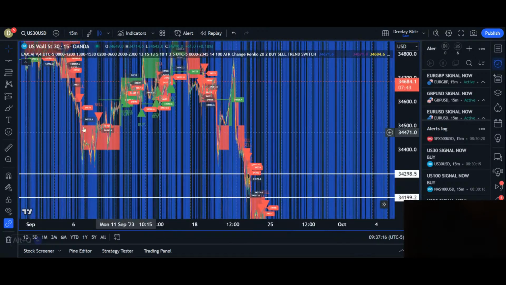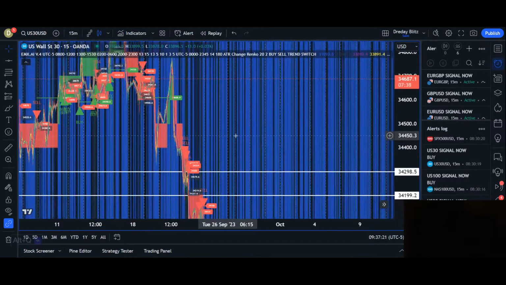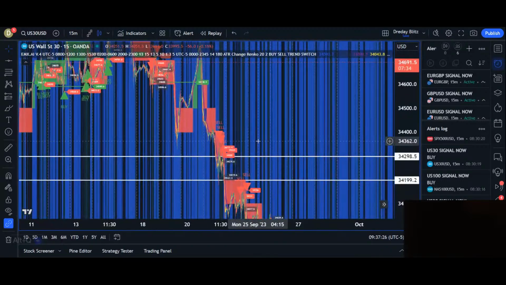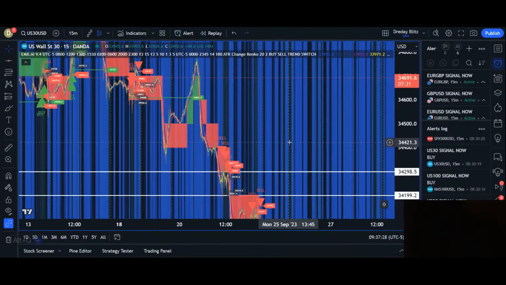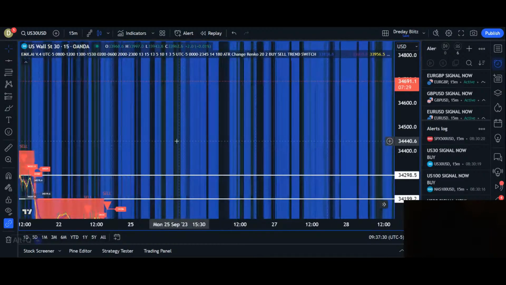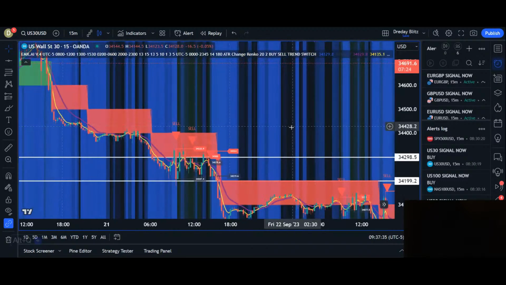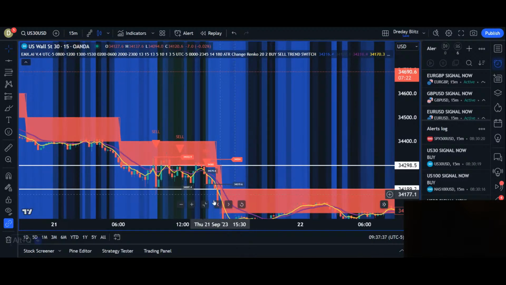And usually the Renko bar size will confirm exactly where the price should go, if it's bullish or bearish. Right now we're looking for bullish movement. So what I do here is I go back, and as you can see, that's the range of the bearish Renko bar that we saw.